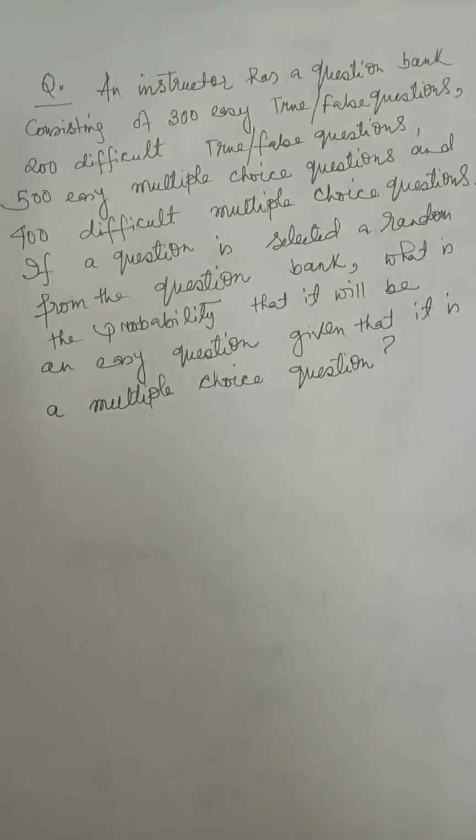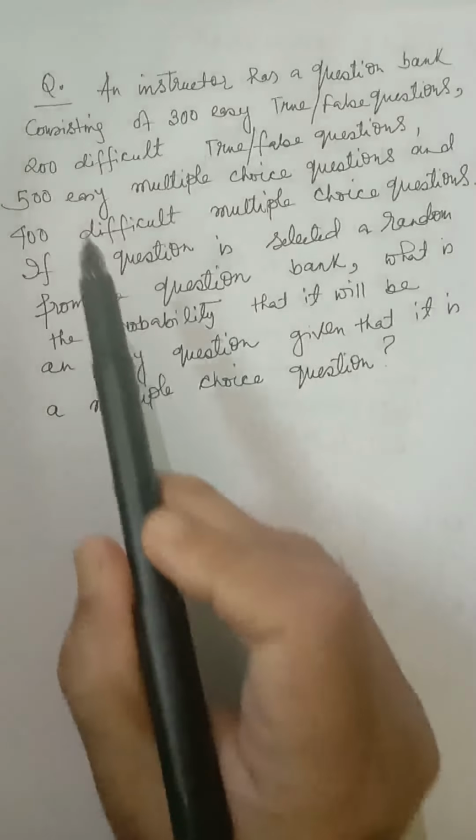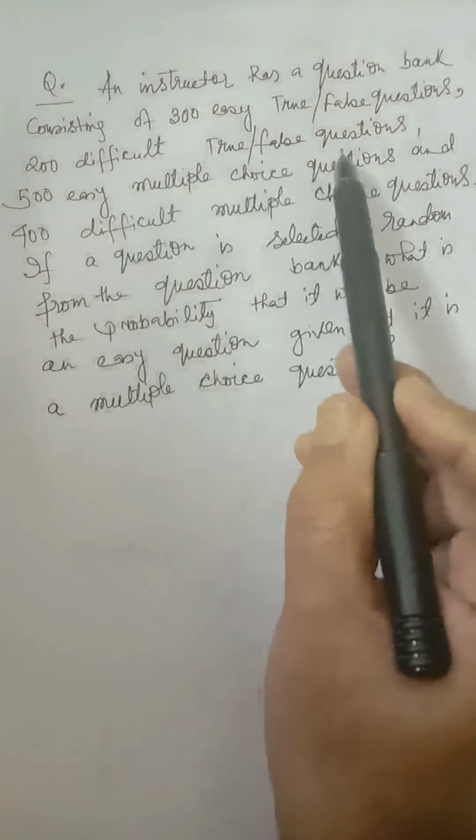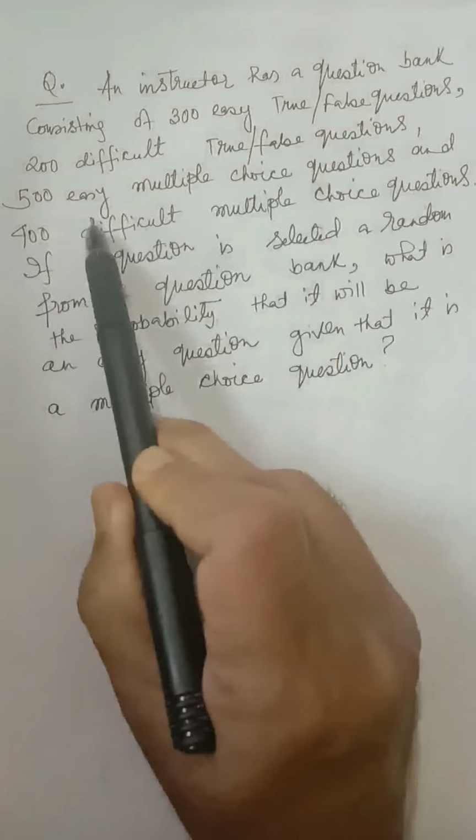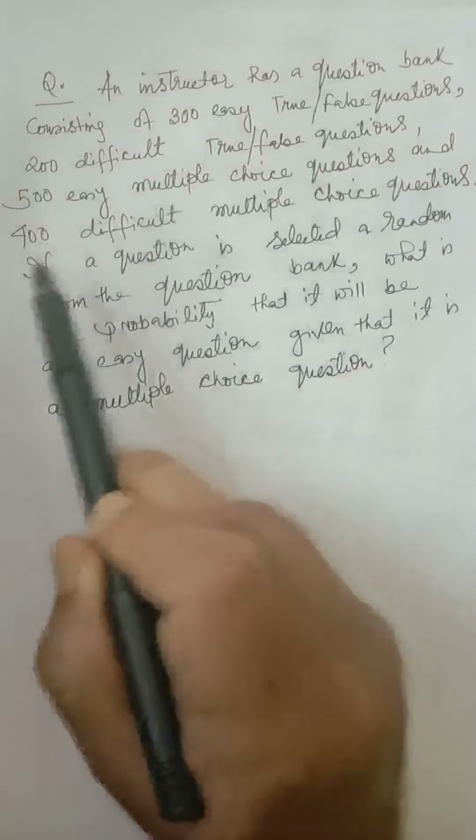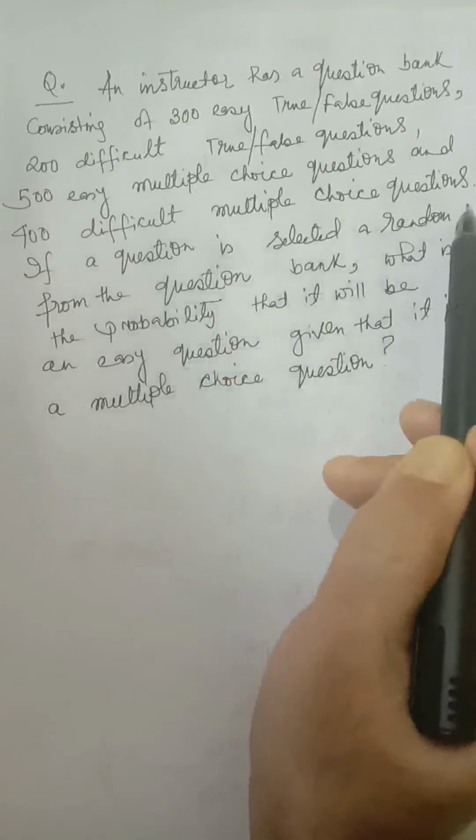Next question is, an instructor has a question bank consisting of 300 easy true-false questions, 200 difficult true-false questions, 500 easy multiple choice questions, and 400 difficult multiple choice questions.